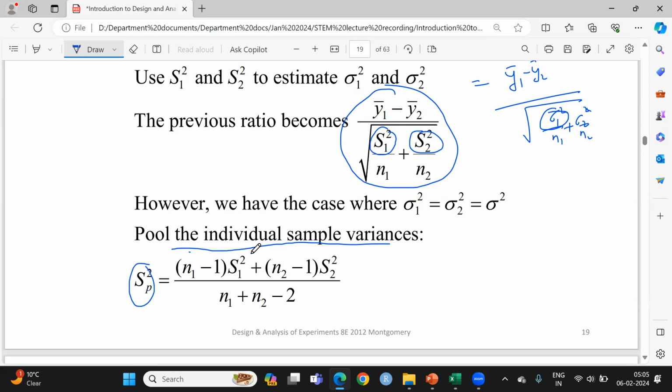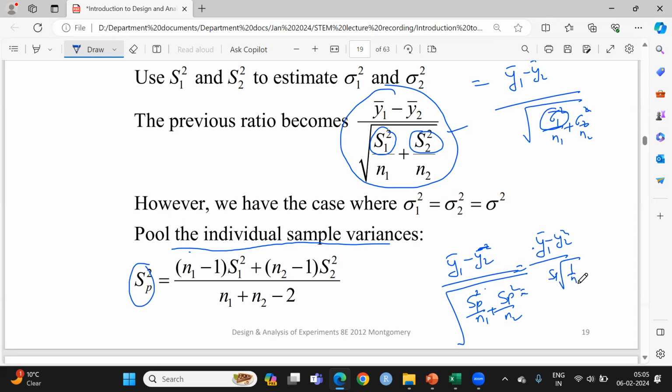So we replace this formula with this one: y1 bar minus y2 bar, then SP square upon n1 plus SP square upon n2. Because these two terms are equivalent, we can take it outside. So this will become y1 bar minus y2 bar over SP times the square root of 1 upon n1 plus 1 upon n2.